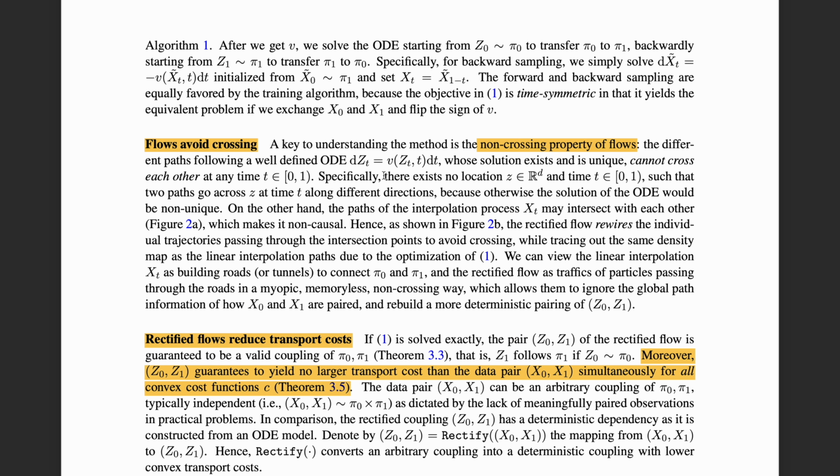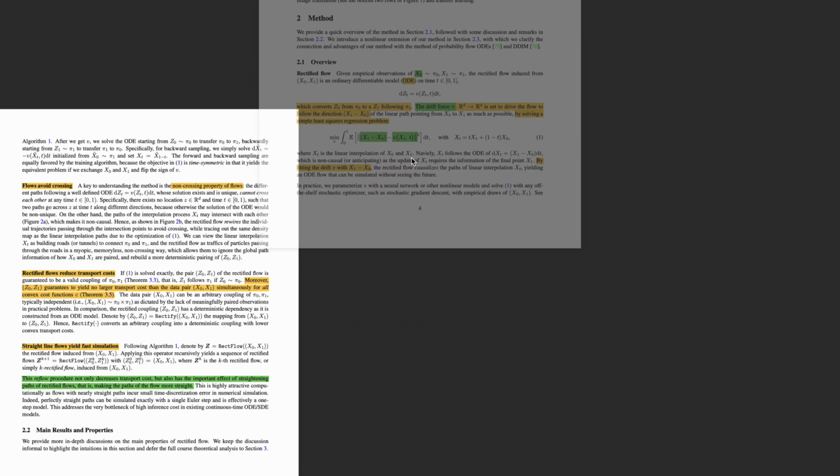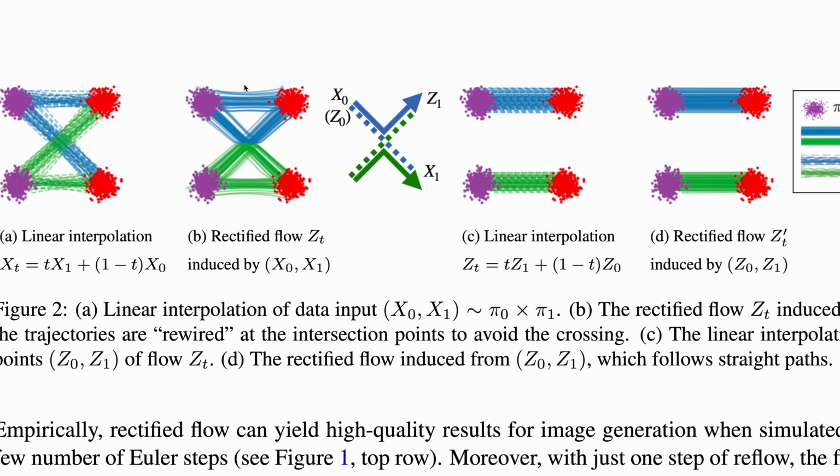Okay, so what is great with rectified flows is that they have a non-crossing property. That means that if we look at this figure, here you can see we have two distributions, the purple one and the red one, and you can see that the flow learns to go from one to the other in a way that the paths do not cross.